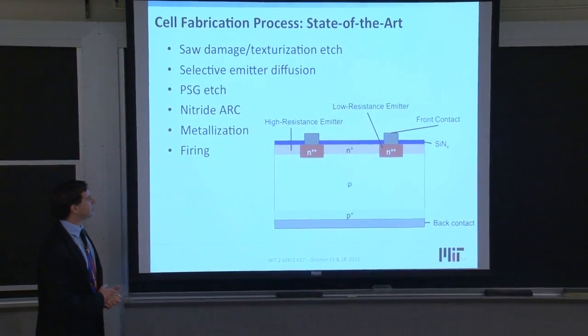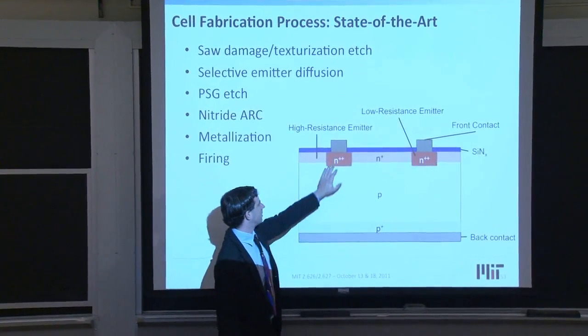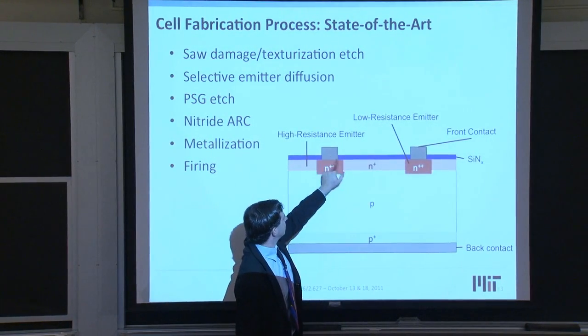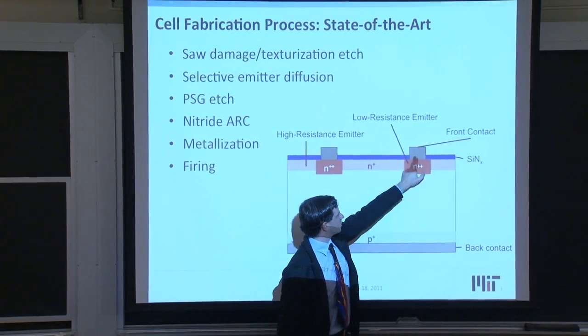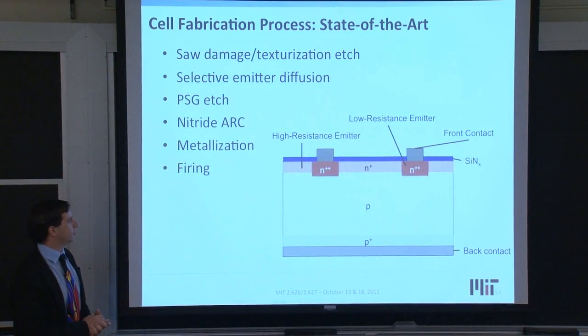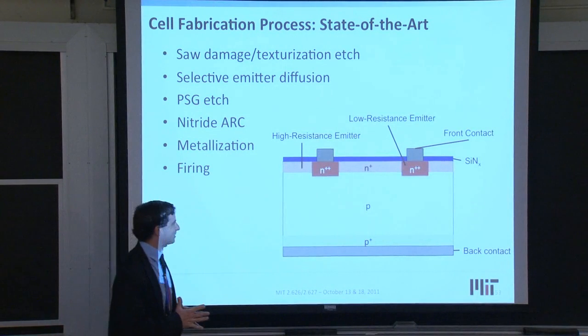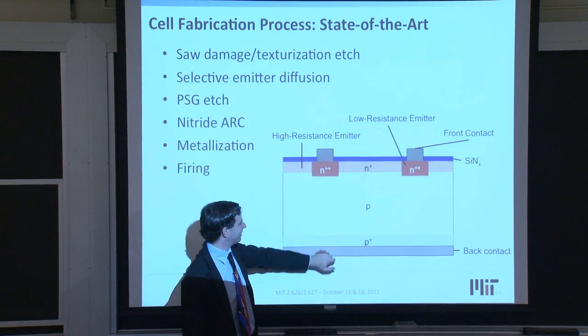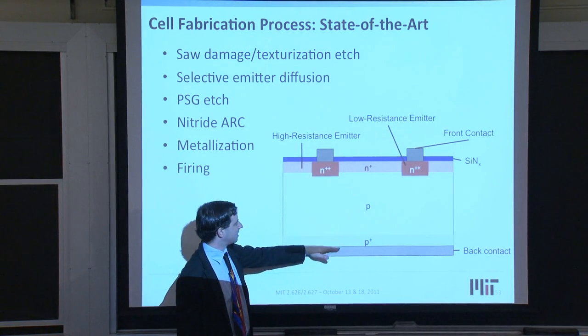But the metallization is typically deposited onto the devices on the front side and on the back. The front side, you have to line up, in commercial production, with the low resistance portion of the emitter so that you are able to extract the full benefit from the selective emitter design and not shunt your device elsewhere. And on the back contact, this is typically aluminum.